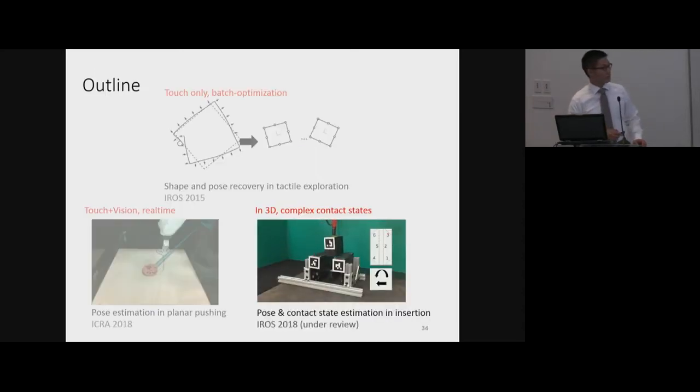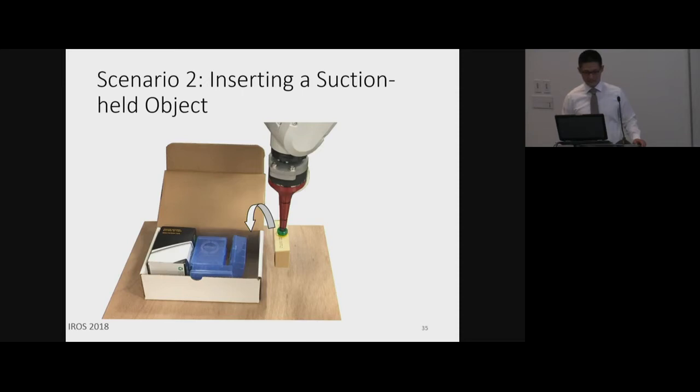All right, so now we are moving into the third project. We are going into pose and contact state estimation in the insertion task. So we are moving from 2D pose estimation to 3D, and we are also dealing with complex contact states.